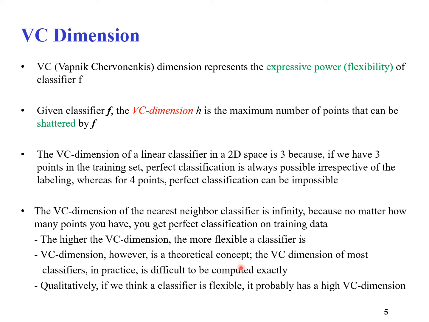But for many other machine learning algorithms, it is very, very difficult to compute. So roughly speaking, if you think the classifier is flexible, then you can say it probably has a high dimension.